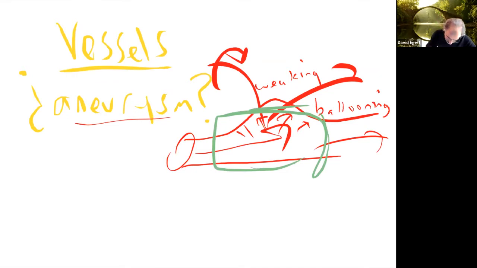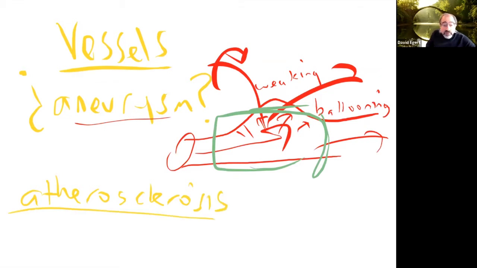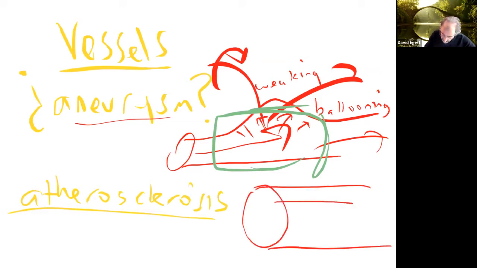So, aneurysms. Atherosclerosis is another. Sclerosis means hardening of the arteries. This is when you have your blood vessels and you start getting these things called plaques.